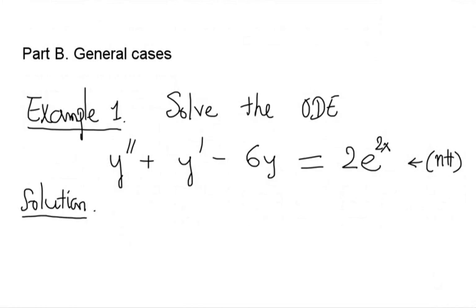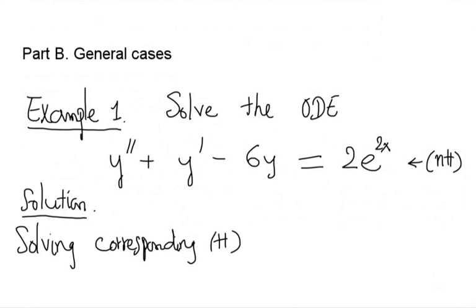As we have seen in the previous lecture, in order to solve a non-homogeneous equation, we need to begin by solving the corresponding homogeneous equation. Which means that we have y double prime plus y prime minus 6y equals 0.